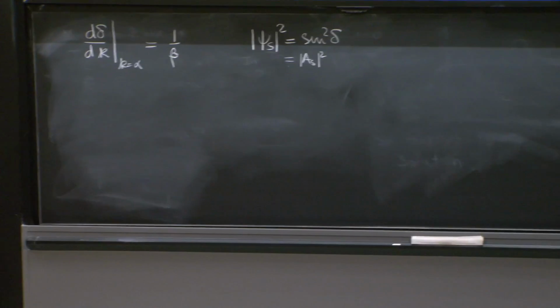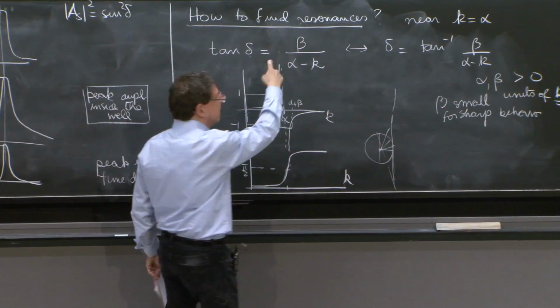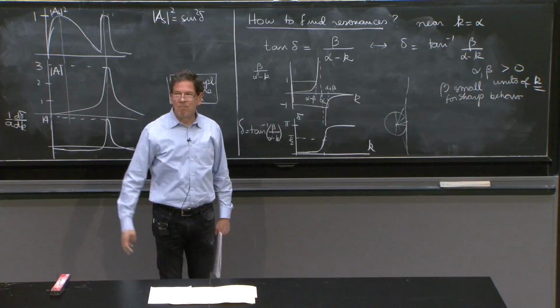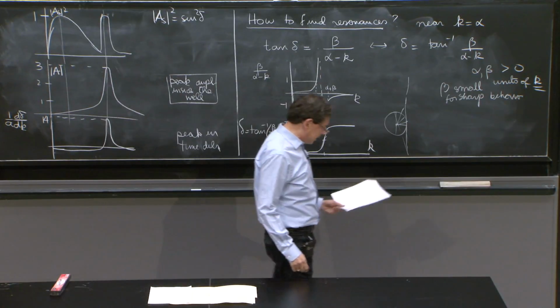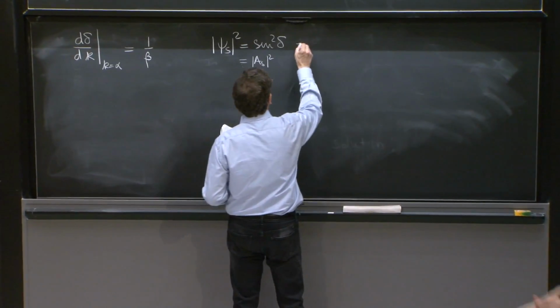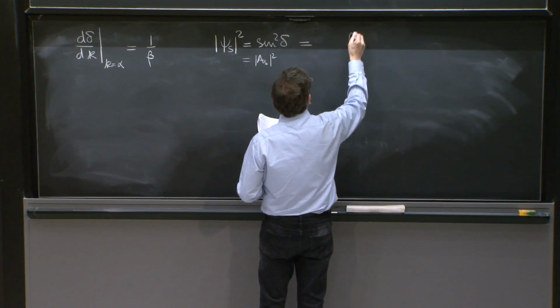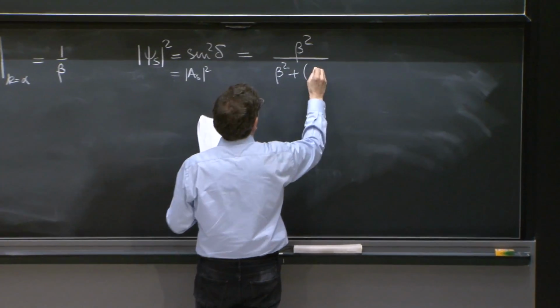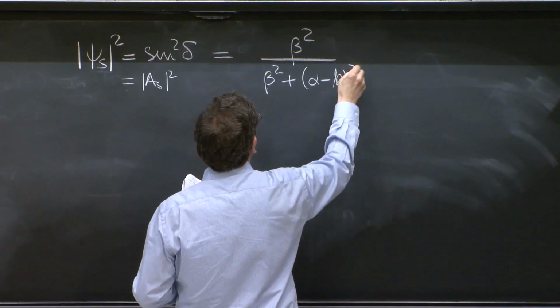Well, you know what is the tangent of delta? A little trigonometric play that you should be able to do. It can give you the sine squared delta. And here's the answer. It's beta squared over beta squared plus alpha minus k squared.